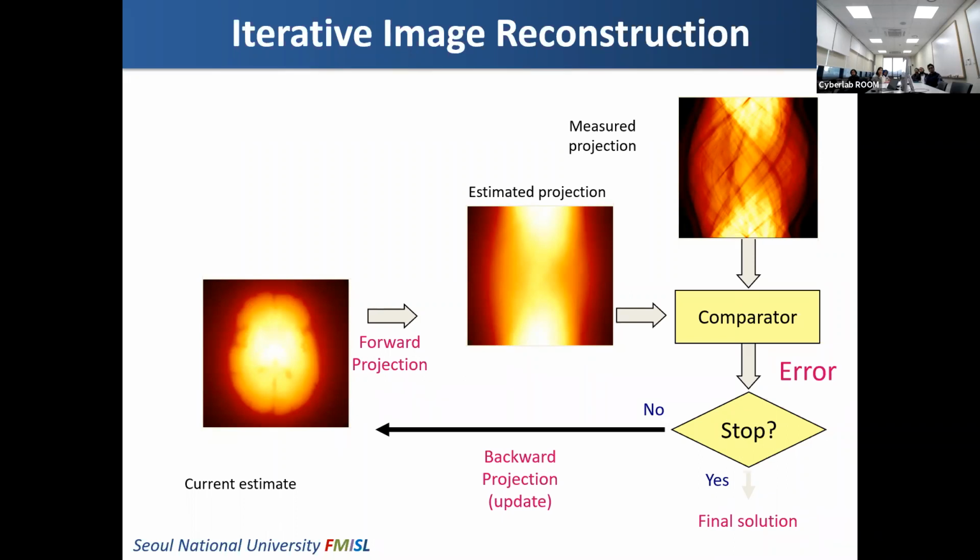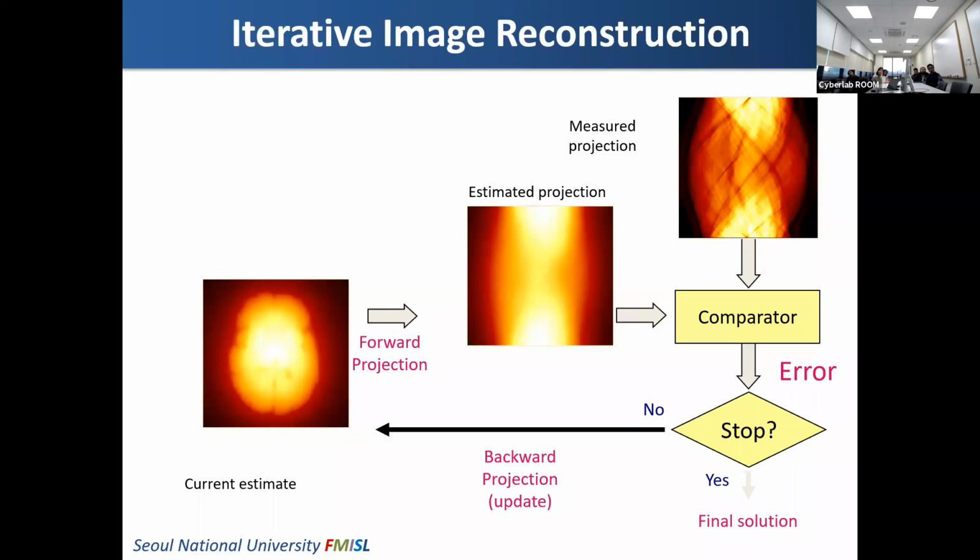But if we assume just a uniform image, our estimated projection will be much different from the measured projection from the scanner. So at the first iteration, the estimated projection and the measured projection will be quite different. If we calculate the difference between them, the error will be quite high.